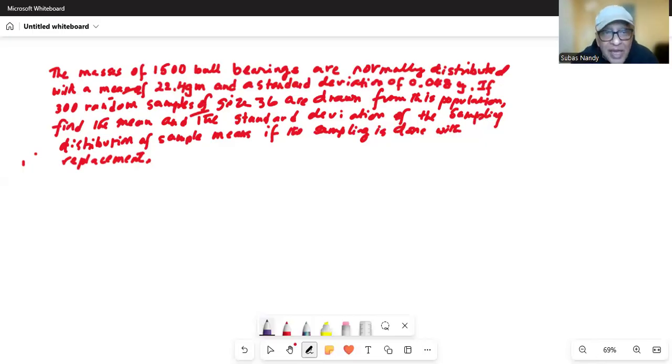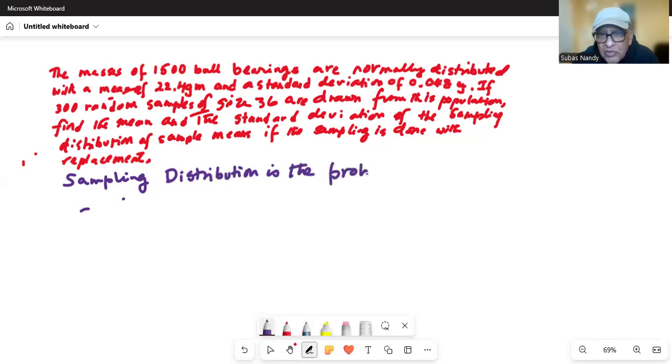So what is the sampling distribution? So let's check this out. Sampling distribution is the probability distribution of sample means.